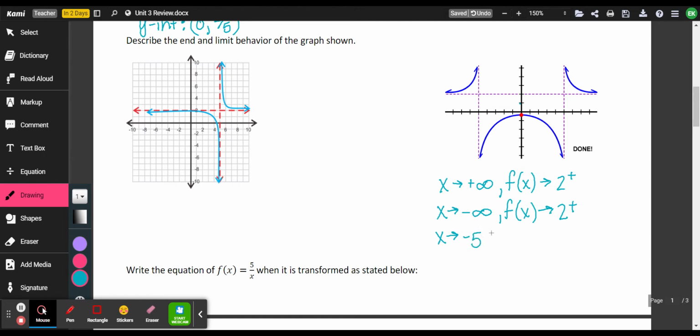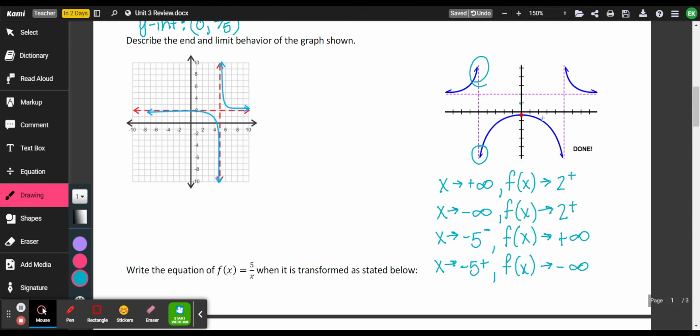So as x approaches negative 5 from the left, f of x is approaching positive infinity. And then as x approaches negative 5 from the right, that's over here, f of x is approaching negative infinity. Okay, that's my first limit behavior.